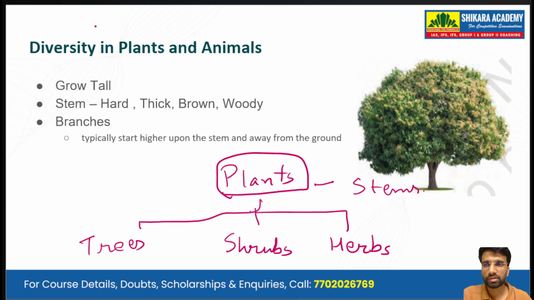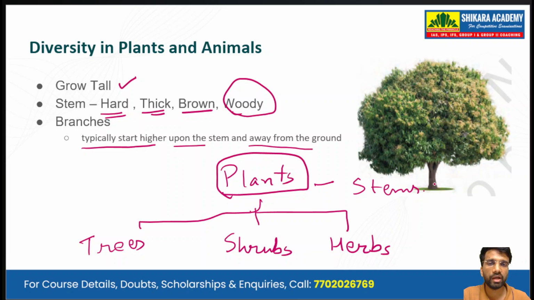Trees are the plants that grow tall. They have a hard, thick, brown, and woody stem. Their branches typically start higher upon the stem and away from the ground. Example is neem tree, mango tree, etc.